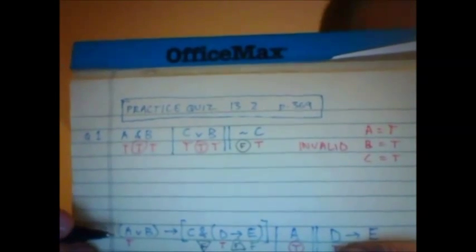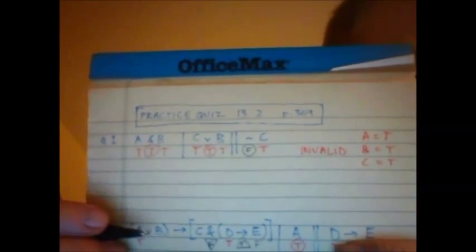We're trying to make the whole thing true. But, of course, what we now see is that because this is a disjunction, A or B is already true, because A is true. So, I'm going to use a little upside down triangle there.